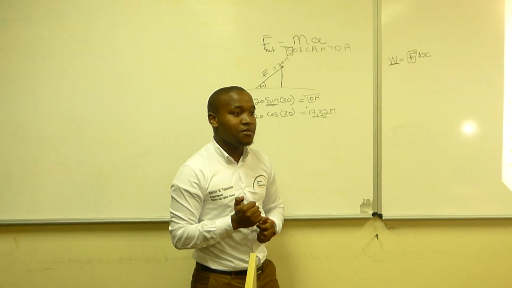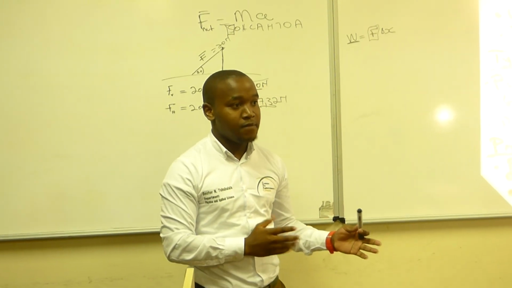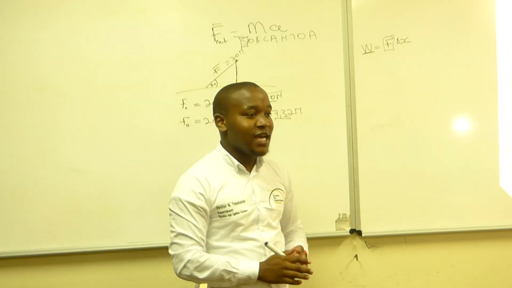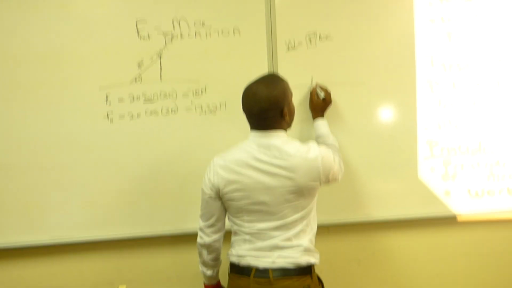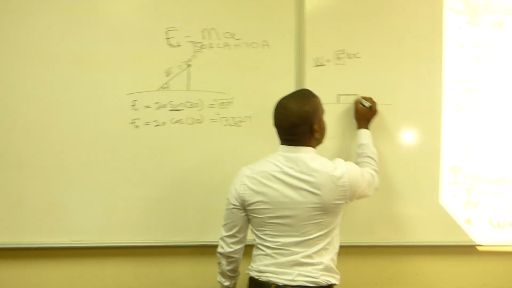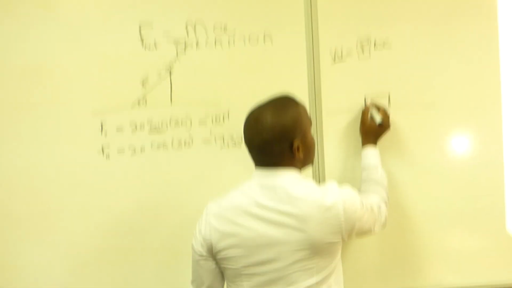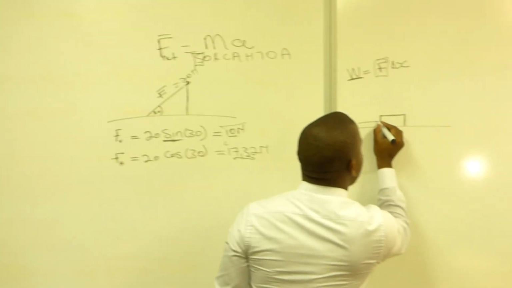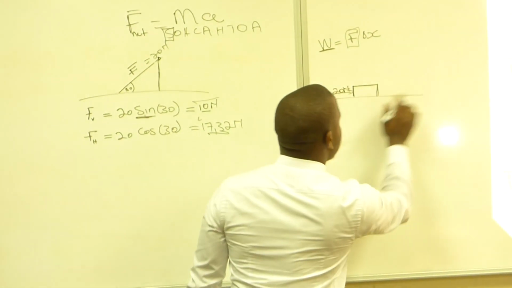I'll make a typical example. Suppose Lindy applies a force to a box that is resting on a horizontal plane. So I have a box that is resting on the horizontal plane, right? Now, Lindy applies a force of 20 newtons in this direction.